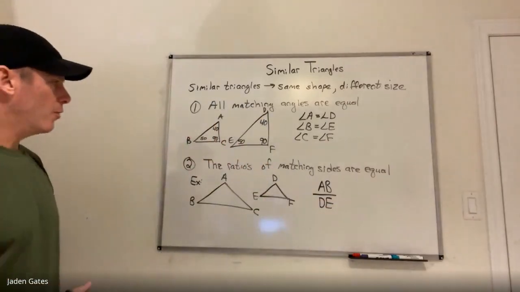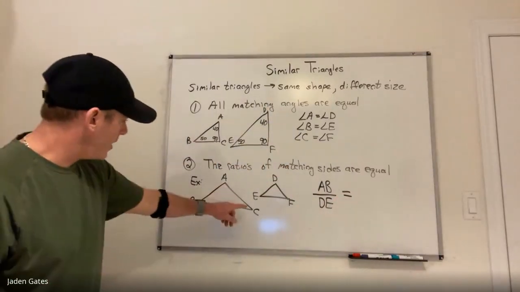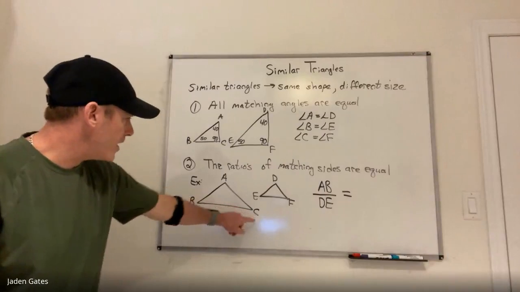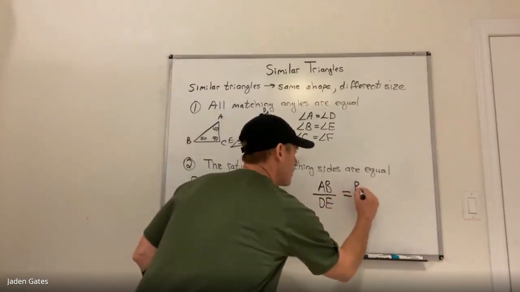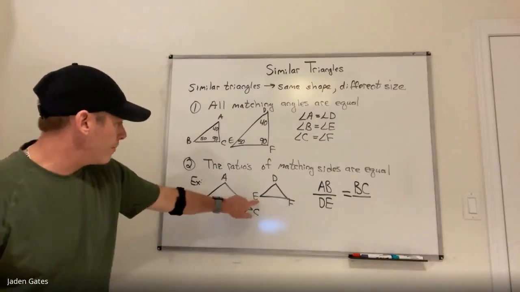That ratio is equal to, say if I compared B to C, and I divide it by its matching side, which would be E to F.